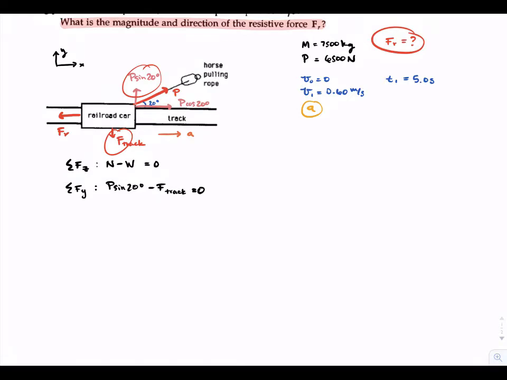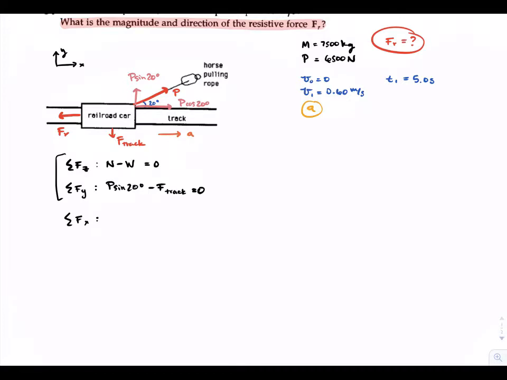So even though we do have forces in the y and the z direction, we're not really going to need them to solve the problem. These equations, although they matter, are not going to give us any information that we need for this problem. What we care about are the forces in the x direction.